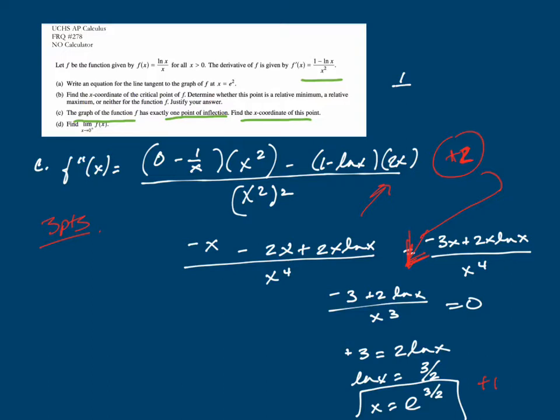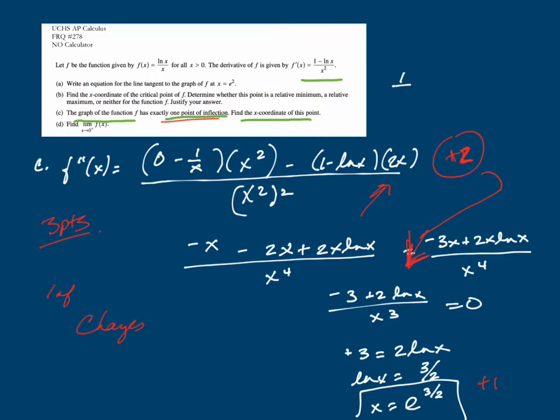Does C say justify your answer? No, but we should have probably put a reason, even though it doesn't say, because it changes from positive to negative at that point. You don't even have to test it, just say it changes sign.